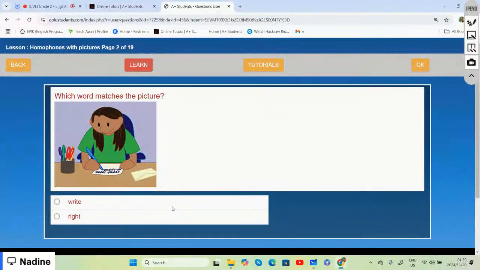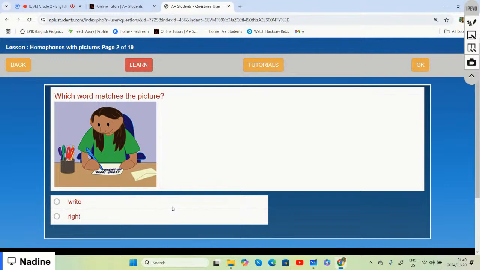If you look at the picture, we need to match the word with the picture. Is it option one, right, write, or the second one, right? So what is this person doing?